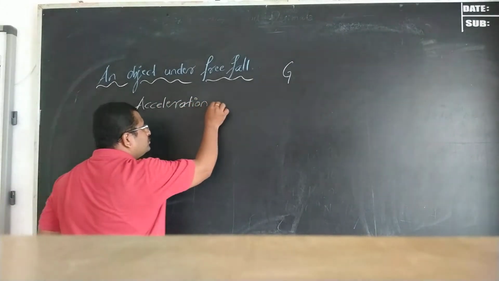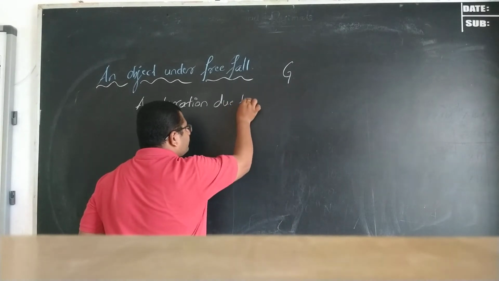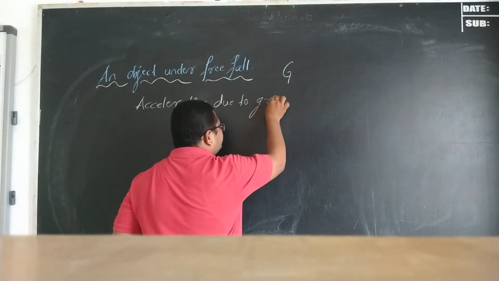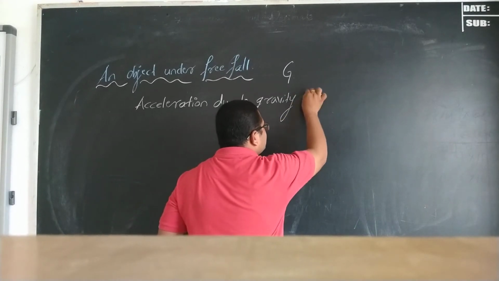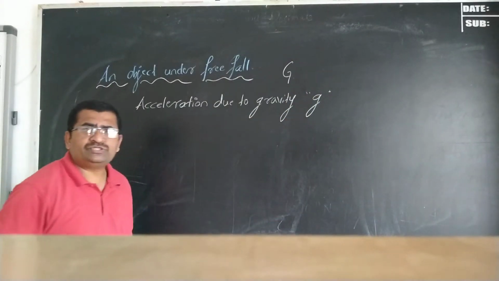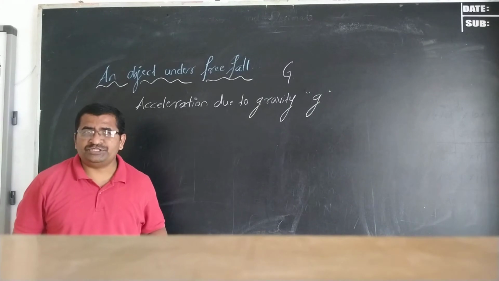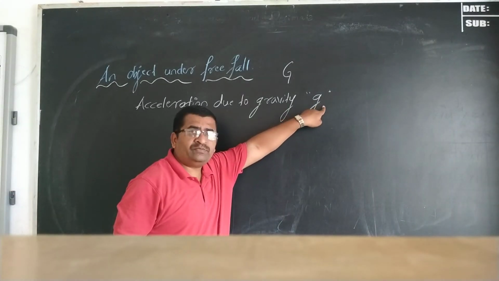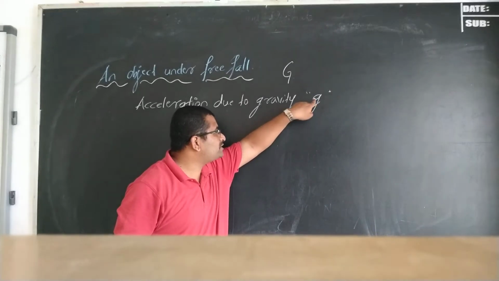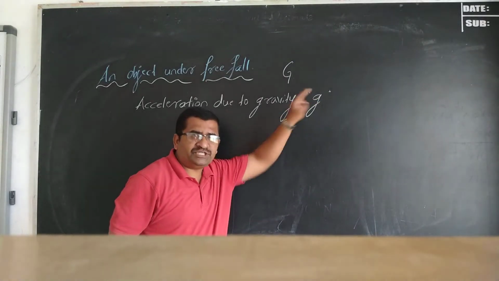Acceleration due to gravity is denoted by small letter g. Now, in today's class, I am explaining how to derive the expression for small g.